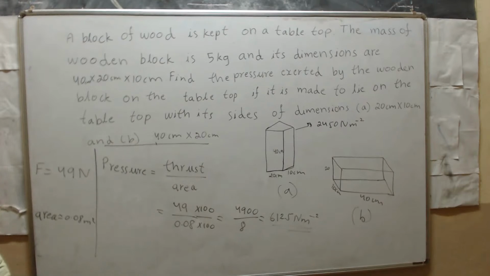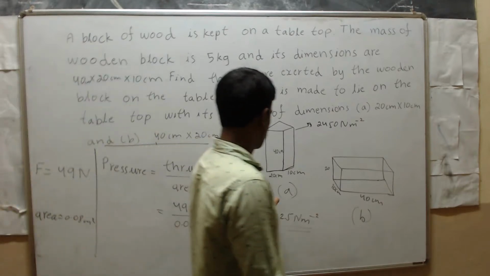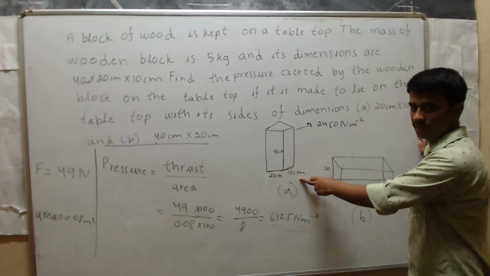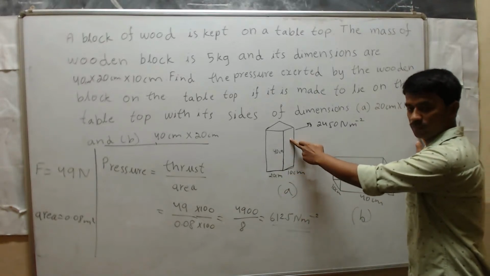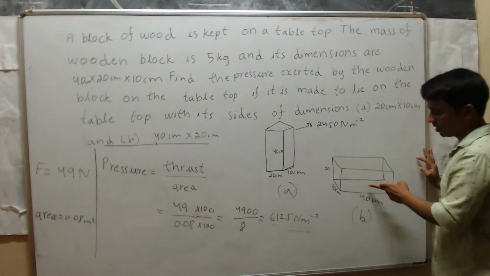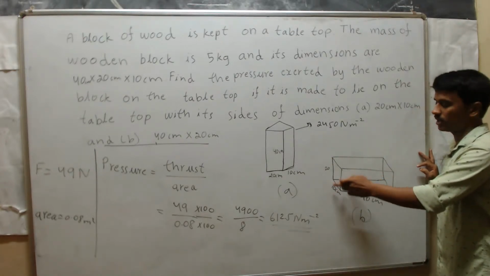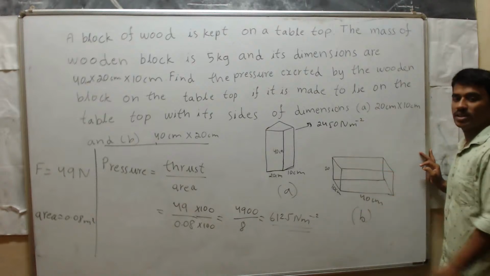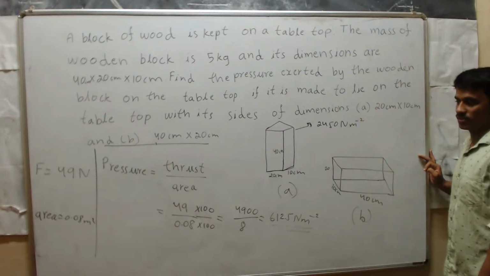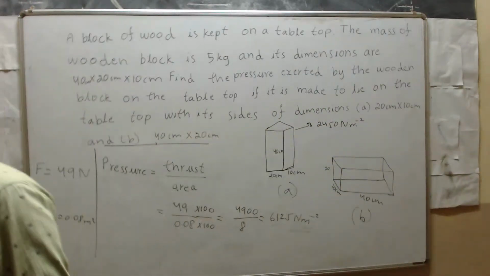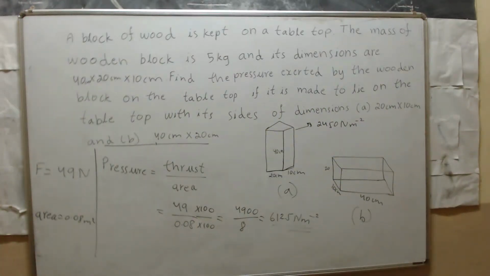Now see here, when you keep it like this, in this position with dimensions 20 by 10 centimeter, the pressure from this box is more. But if you keep it like this, 40 centimeter by 10 centimeter, in this position the pressure is very less. So clear, right? What do you mean by pressure and thrust?